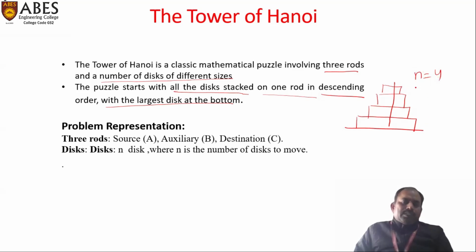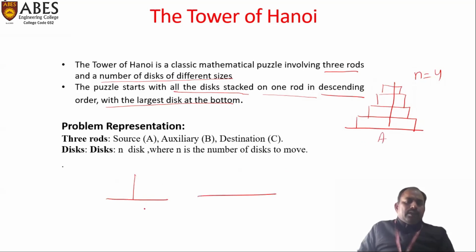The problem can start with any number of disks, but there is a fixed number of rods. There are three rods. How can we represent this problem? Suppose this is rod A, another rod B, and C. Rod A we can assume as the source rod, rod B as the auxiliary rod, and rod C as the destination rod.